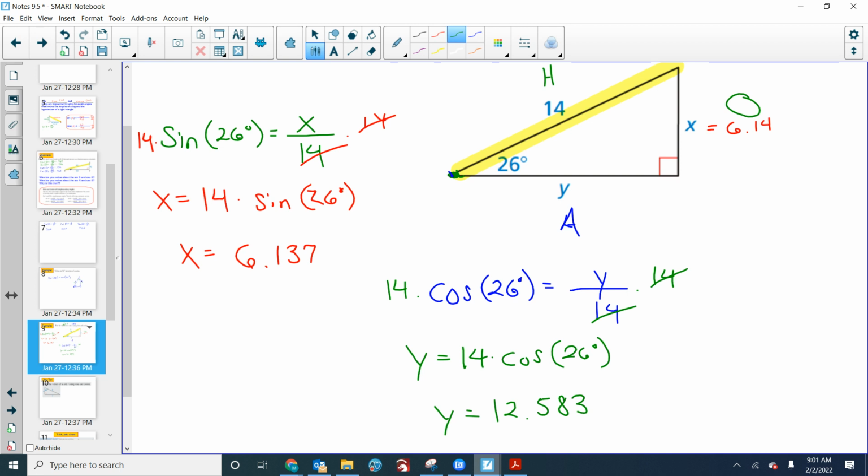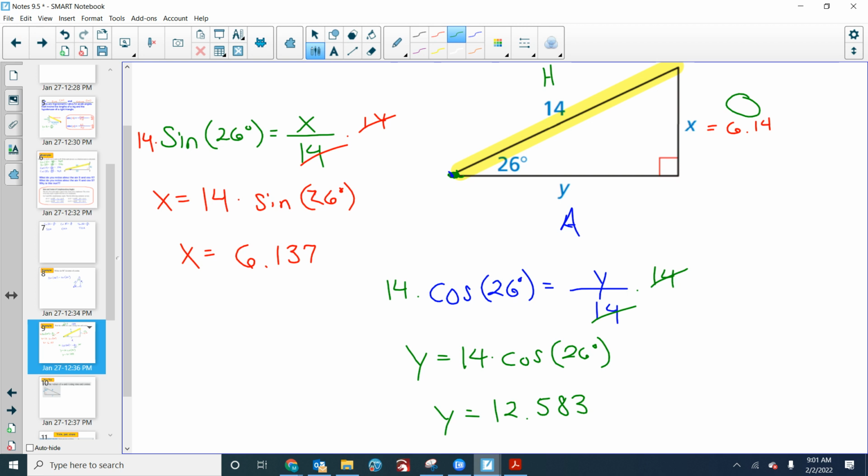Question. A student once wondered, Mr. Westphal, I have 6.14 for this side and I have the hypotenuse, can I just use the Pythagorean theorem to find the other side? McKenna. Wouldn't you need like two sides?